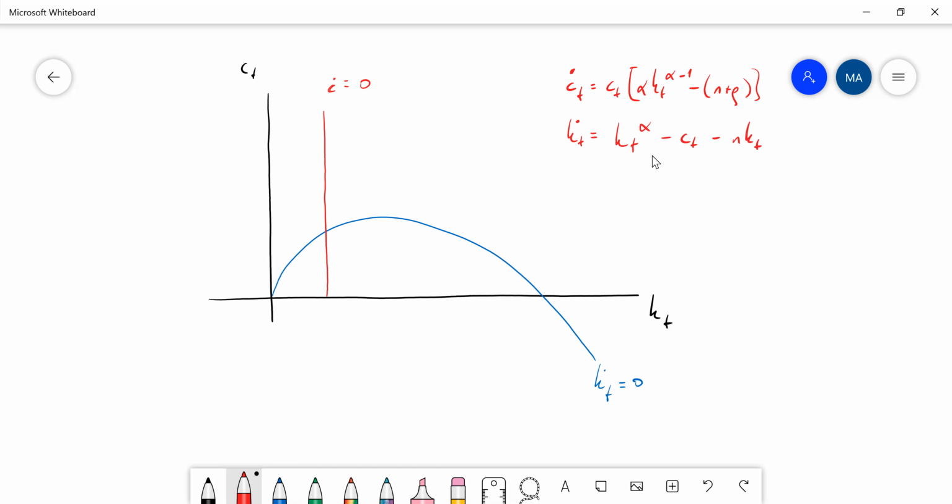All right, and this value is K star, okay, and K star is alpha divided by M plus rho, to the 1 over 1 minus alpha.